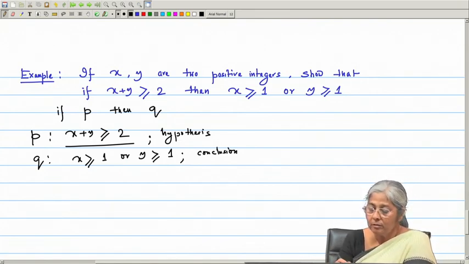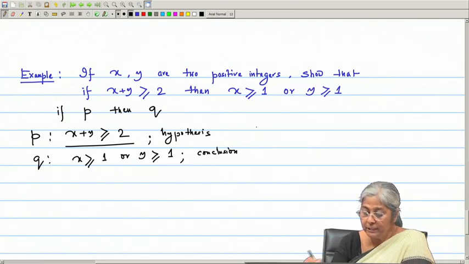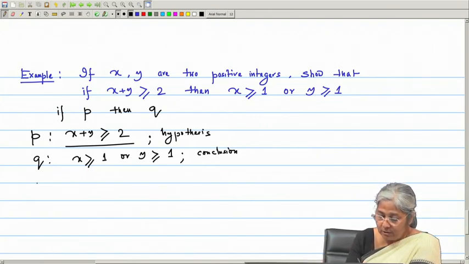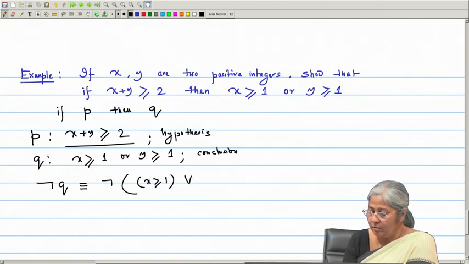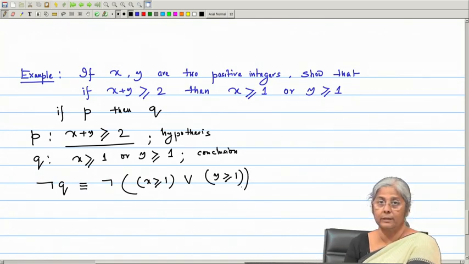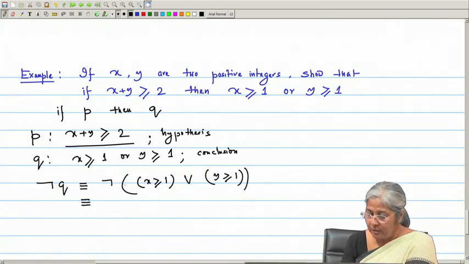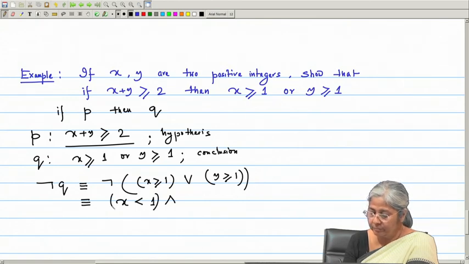So, for contradiction or indirect proof, we assume negation Q. So, what is negation Q? Negation Q is the negation of x greater than or equal to 1 or y greater than or equal to 1. With logical symbols, we then apply De Morgan's law. So, this becomes negation of x greater than or equal to 1, meaning x less than 1, and y less than 1.